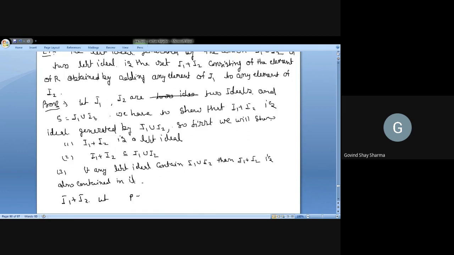Let P equal A1 plus B1 and Q equal A2 plus B2. These are two elements of I1 plus I2, where A1, A2 belong to I1 and B1, B2 belong to I2. In this way we will show that it is an ideal. First we check closure under subtraction, that P minus Q is an element of I1 plus I2. Then we show that right and left multiples exist. We will do this in the next lecture.